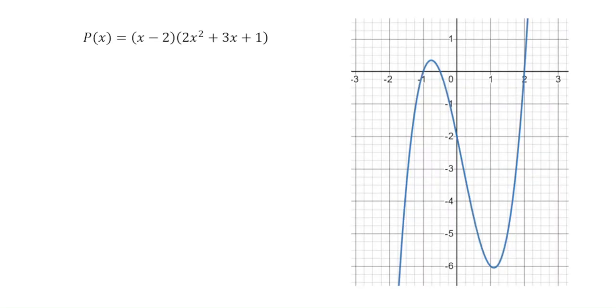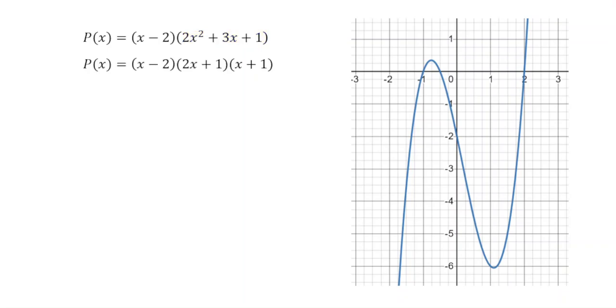Let's go and see if we can think about this a little bit more. So here we've got our polynomial. p of x is equal to x minus 2 times 2x squared plus 3x plus 1. So this is our second polynomial here. We can actually factorize that once more. We can factorize that quadratic.